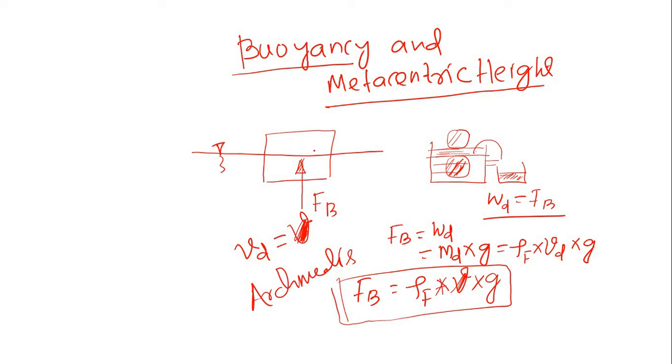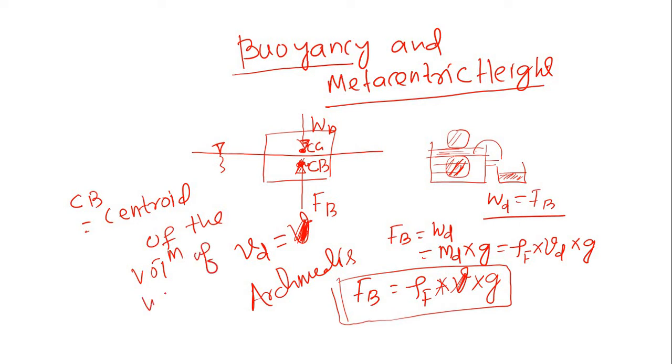So if you draw the free body diagram, suppose this is the center of gravity, CG, and suppose this is the point where the buoyancy force will act, that is called the center of buoyancy. Through this CG, the weight of this body will act. The center of buoyancy will be the centroid of the volume of water displaced.